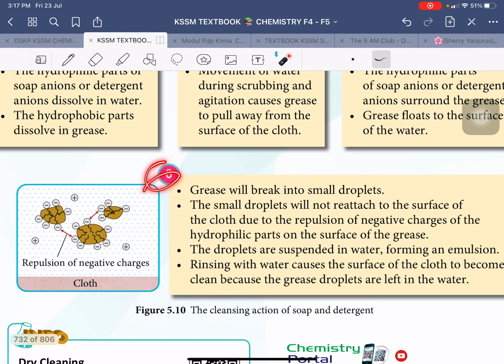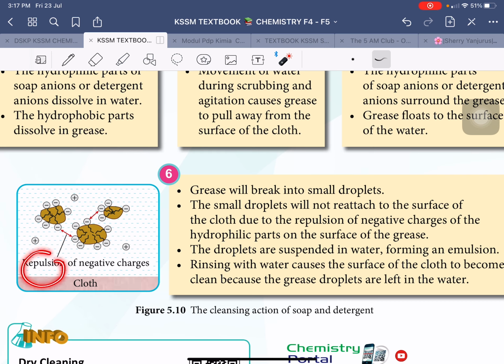Next, number 6, the grease will break into small droplets. Grease akan terpecah kepada titisan-titisan yang kecil, kotoran kan. So the small droplets will not reattach to the surface of the cloth. Tidak akan, the small droplets are going to float only. Why is it like that? Because of the repulsion. I mentioned earlier the word repel kan.